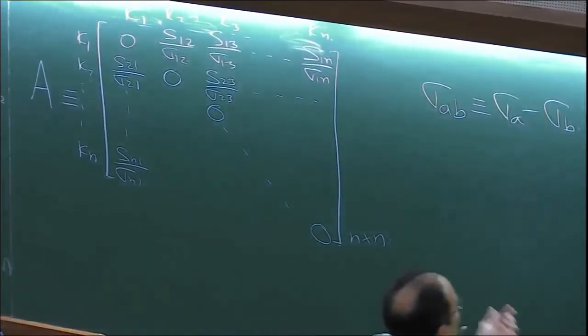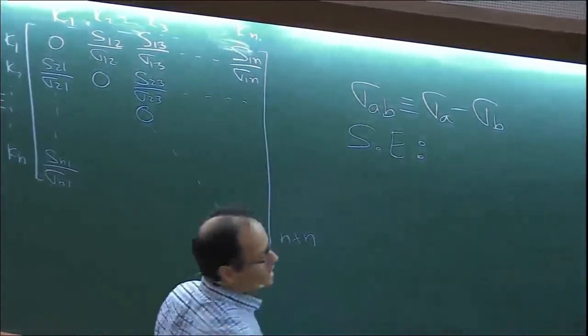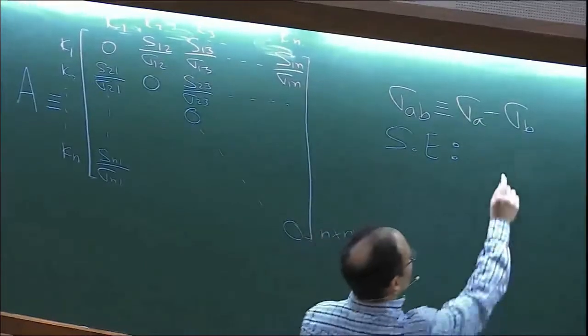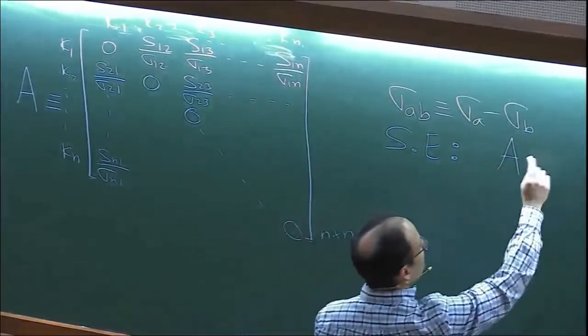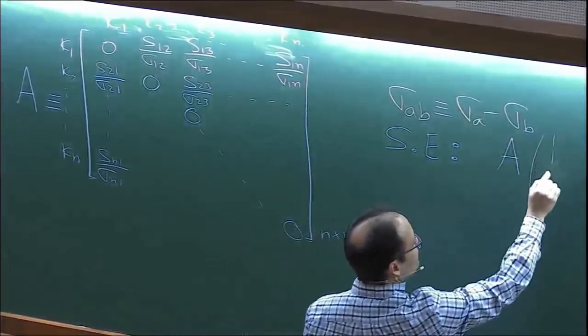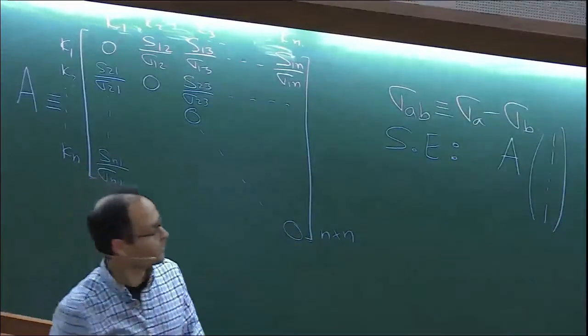Now, the scattering equations are nothing but the requirement that this matrix A has a null eigenvector given by 1 in all entries.